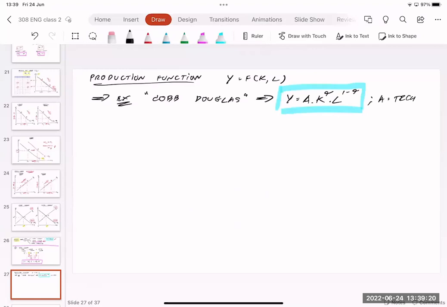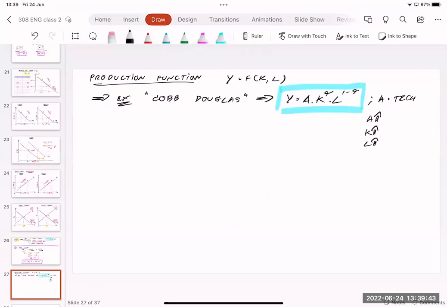Since A, K, and L multiply to each other, what does it mean? It means that if A increases, if your country has more technology, or if K increases, your country has more machines, or L increases, your country has more labor. Some of them increasing, or maybe all of them increasing together.